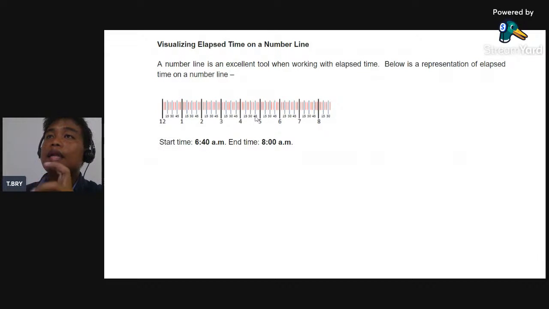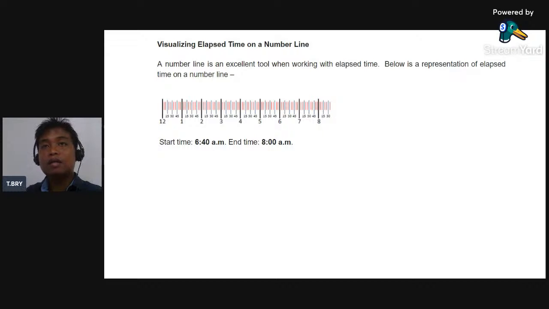Visualizing elapsed time on a number line. We may also find elapsed time using a timetable or a number line. A number line is an excellent tool when working with elapsed time. Below is a representation of elapsed time on a number line.